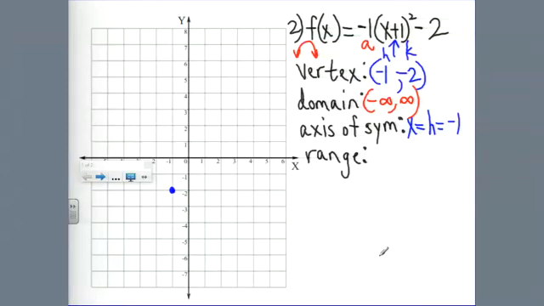So let's draw our XY table. And I'll choose -2 and 0. And plug those values in place of X to give the corresponding Y values. So we plug in -2 first.